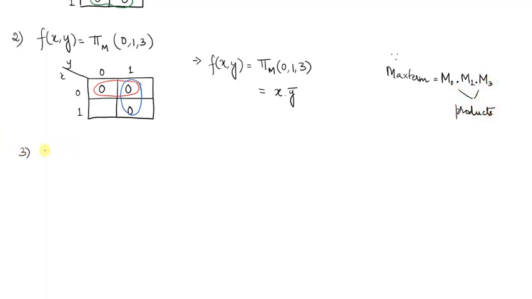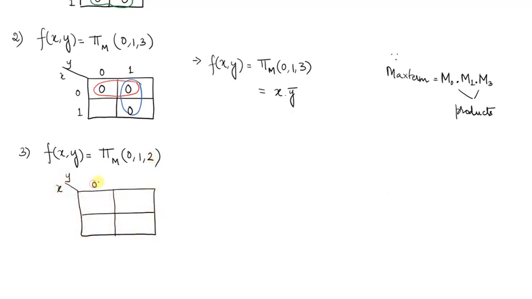Third numerical f of x comma y is equal to pi m 0 1 2, and this can be drawn into the Karnaugh map. You can see that x is common and y is common, so that is why it is x into y.